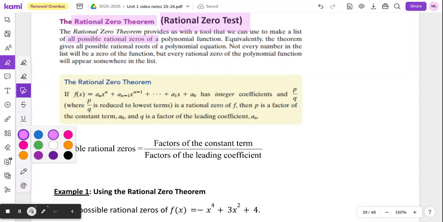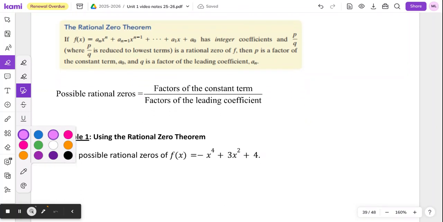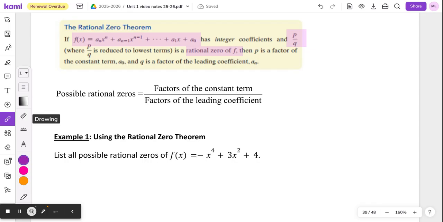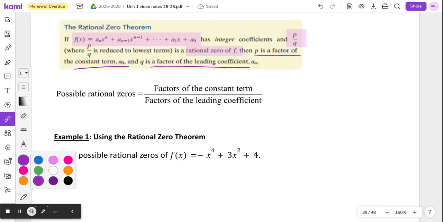It doesn't tell you exactly which ones there are. It just says these are possible rational zeros. So if you have a polynomial function that has integer coefficients, you will have rational zeros of f in the form of p over q, p being a factor of the constant term, and q is a factor of the leading coefficient.